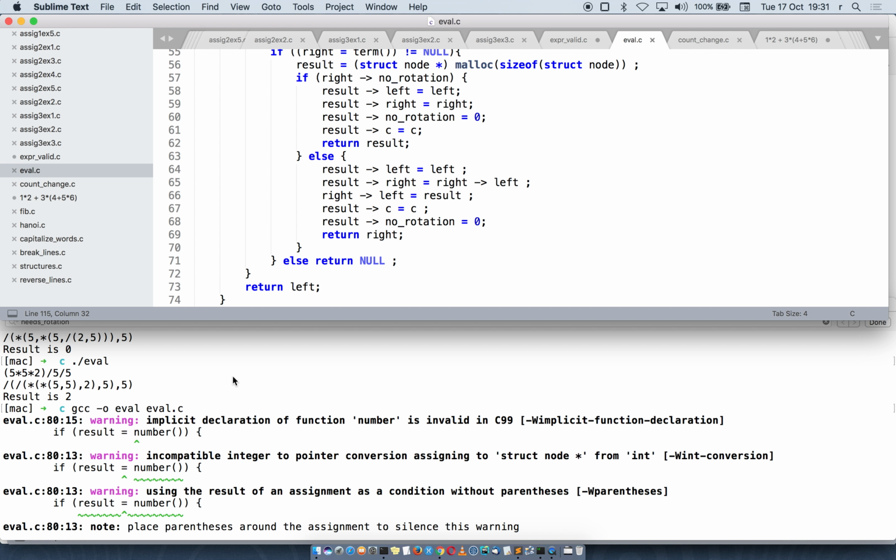Okay, let's see. If 1, 2 plus 3, 4. We don't catch such a break, do we?